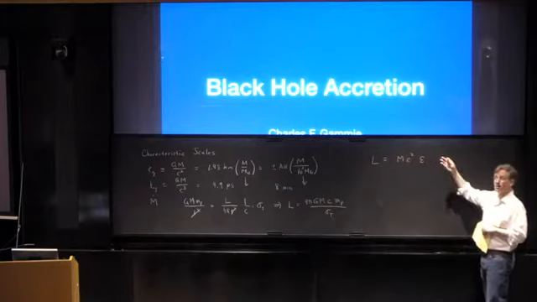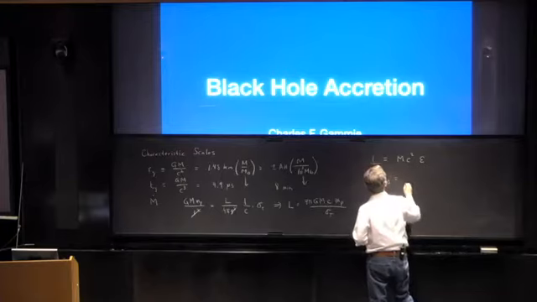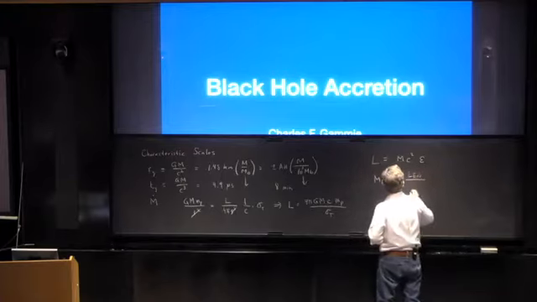So that gives us M dot Eddington, which is equal to L Eddington over epsilon c squared, where for the most part, people assume that the characteristic efficiency is 0.1, even if in the particular system we're studying, it's not radiating with an efficiency of 0.1. Okay, so this is equal to 2.2 solar masses per year for a 10 to the 8 solar mass black hole.